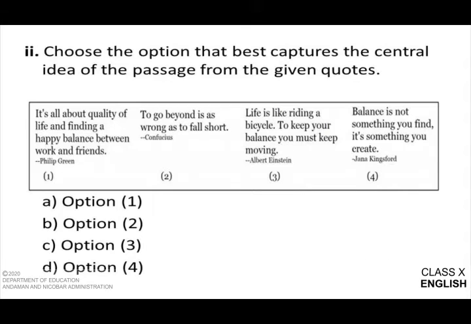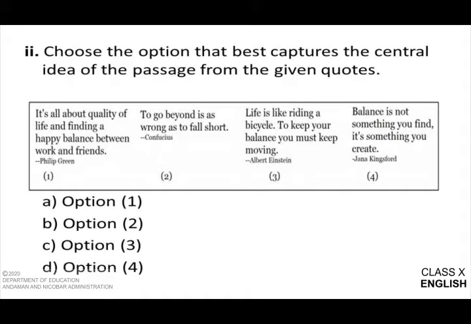Now, let us move to the second question. Children, here you have a small table and there are 4 options for you. Choose the option that best captures the central idea of the passage from the given quotes. So, children, please listen carefully as I explain you the type of questions you will be getting this year.